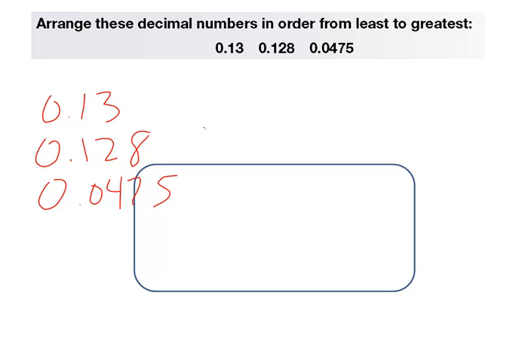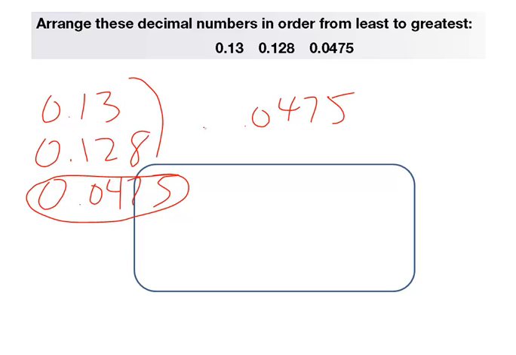Alright, once I've done that, then all I need to do is take a look at them and decide which one is the smallest. Well, this jumps out very quickly as being the smallest because it is 0.0475. And then which is smaller of these two? Well, is 0.128 smaller than 0.130?